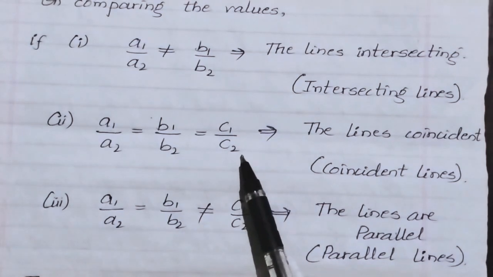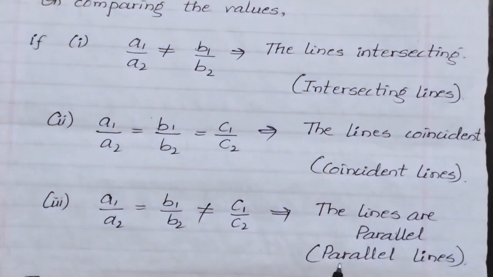And if the pair of linear equations has no solution, then the lines are parallel with one another. The coefficients will be a1 by a2 equal to b1 by b2 but not equal to the ratio of c1 and c2. If you study these coefficients, then you can directly say the behavior of the lines.